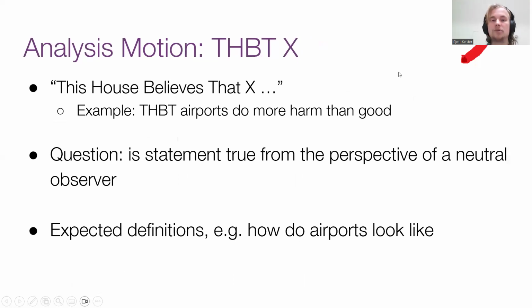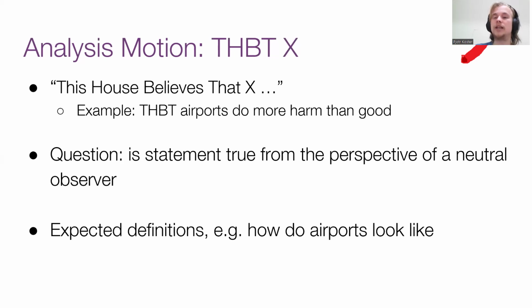Now you also have "This House believes that X" motions. So for example, "This House believes that airports do more harm than good." If you don't see a "should" after "This House believes that," then that means that it is an analysis motion, which means, again, you don't have any fiat. The question that you need to ask yourself is, in this example, quite literally, is it that airports overall do more harm for individuals or the world, or do they do more good than harm?